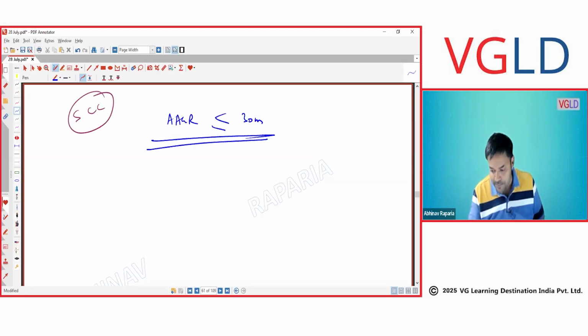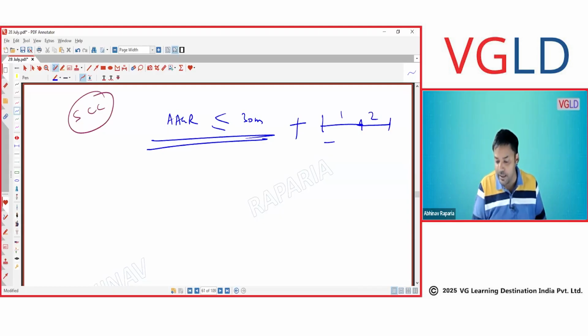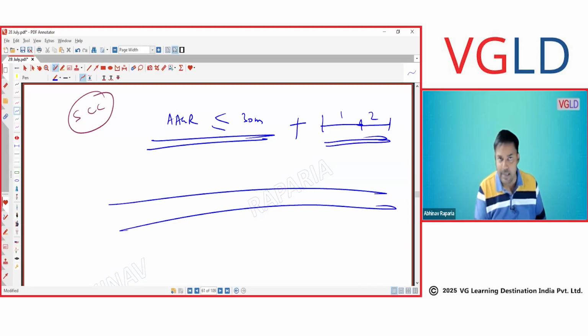Plus, there's one more condition: the project you are starting, you are finishing within the span of 2 years. If you are satisfying both conditions, that means the AAGR is less than or equal to $30 million plus any project you are taking is finishing within 2 years, in that case, we can assume you as SCC, small construction contract. And in that case, you can follow CCM. I hope it is okay.